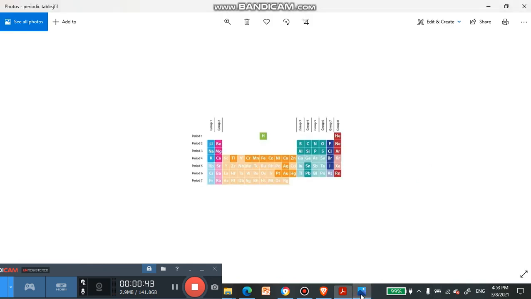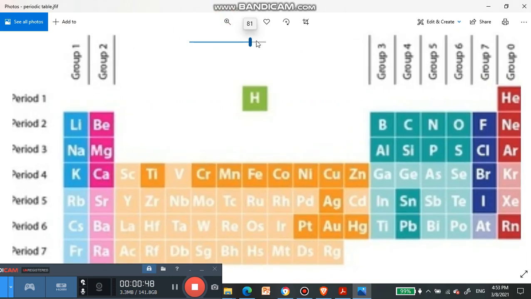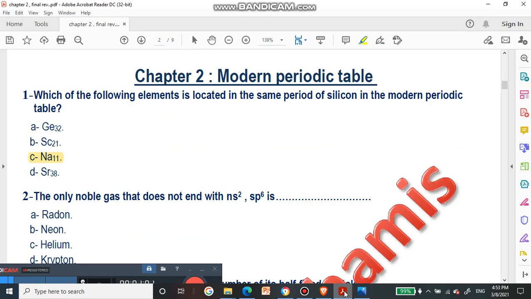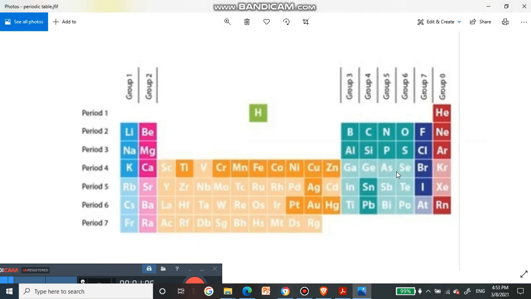If we are looking at the periodic table drawing, we have silicon, and in the same period we have sodium, magnesium, aluminium, phosphorus, sulfur, chlorine, argon. One of them is present in the choices.